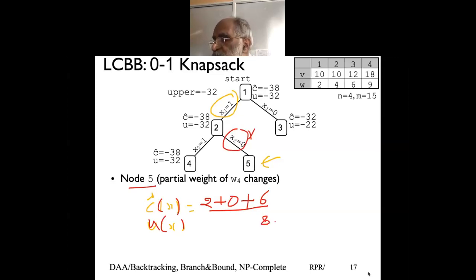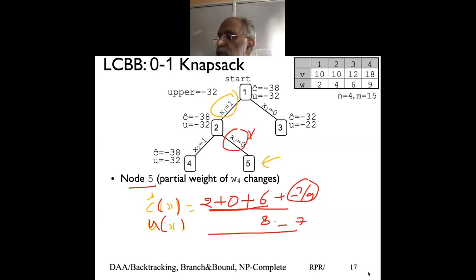I'm left with a weight of 7. So I need to take 7 out of 9 weight. Now can you compute accordingly what the value would be? These are the weights I told you. First item we get the full value, second item we exclude, third item we take the full value, and fourth item we take the equivalent of 7 of this.